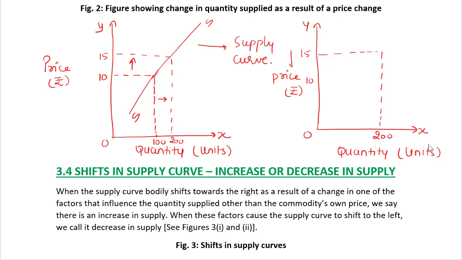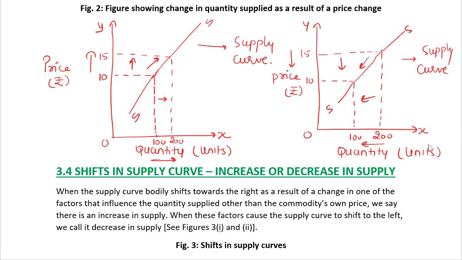When the price came down from 15 to 10, we supplied 100 units. This is the supply curve showing decrease in quantity supplied. Over here, increase in quantity supplied due to increase in price. Over here, this is the decrease case. I believe it is clear till here. Let us move ahead now.